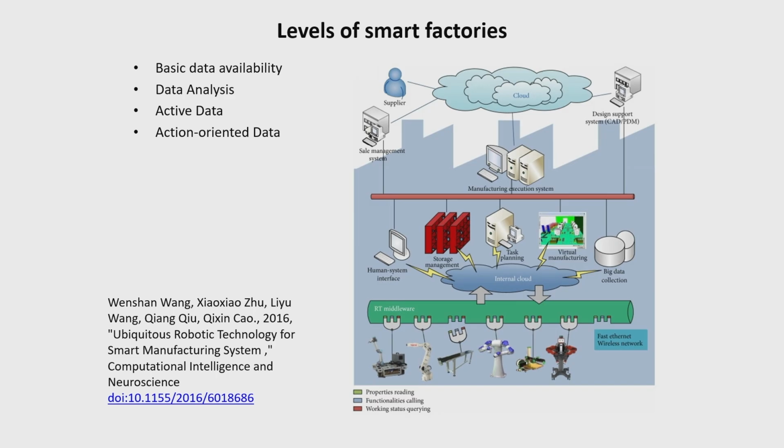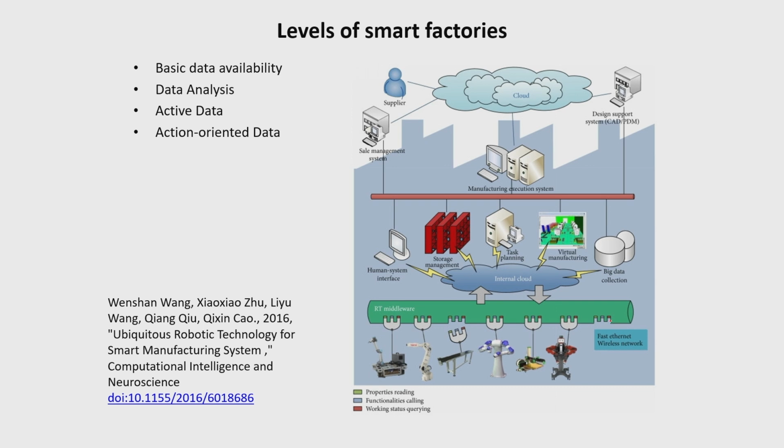At one higher level you can do data analysis, and then you can have active data, and then action-oriented data, by means of which you can do online action, which can be a useful thing. Here there is a diagram available in this journal paper.